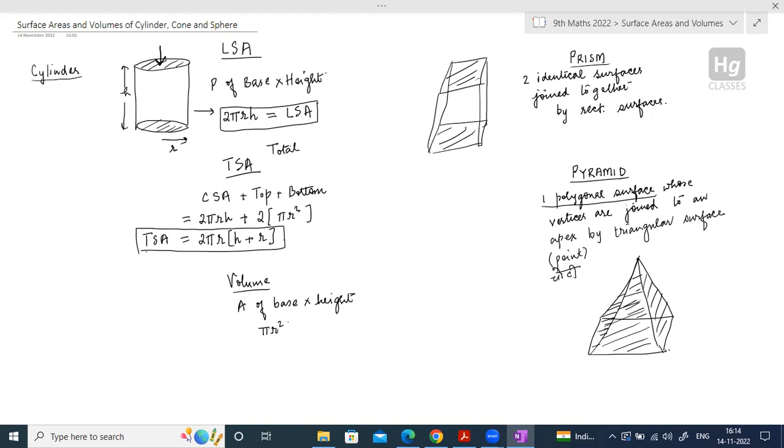And what is the height of the cylinder? H. So this becomes the formula for the volume. Right? Is this clear to everyone? Any doubts? No, sir. Great.